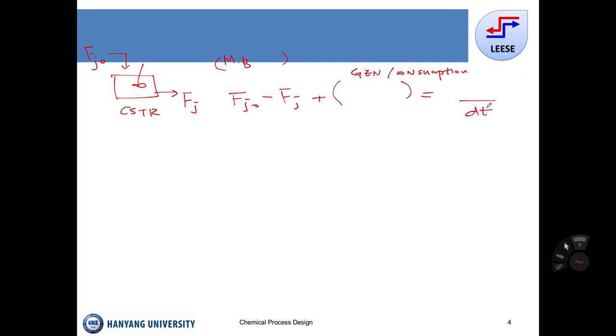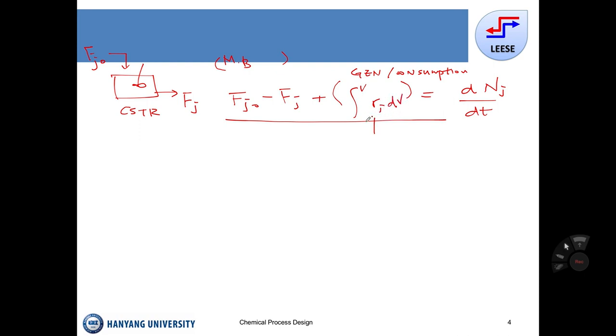So accumulation will be given by the number of moles of the particular component j against time. The mass balance quantifies input and output, and in the reactor system the generation or consumption by the reaction is quantified by this expression against the volume.